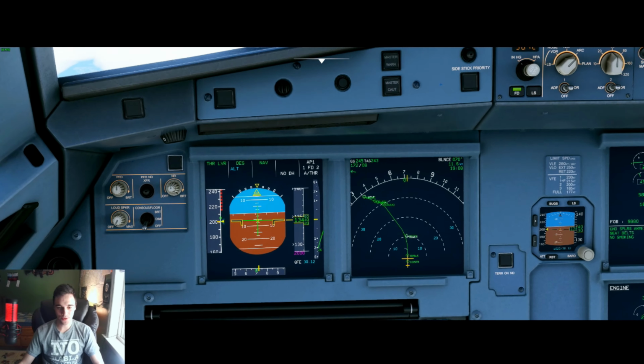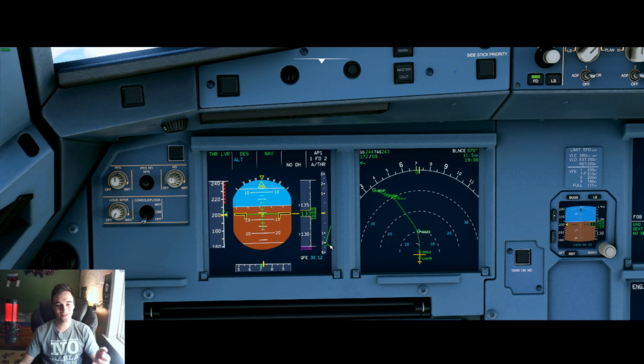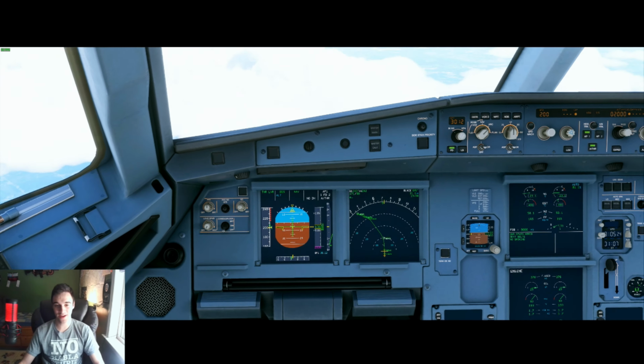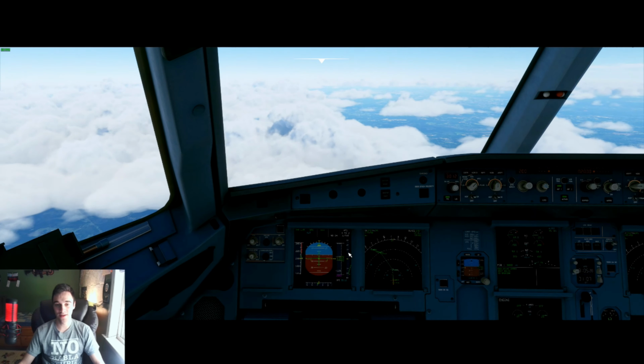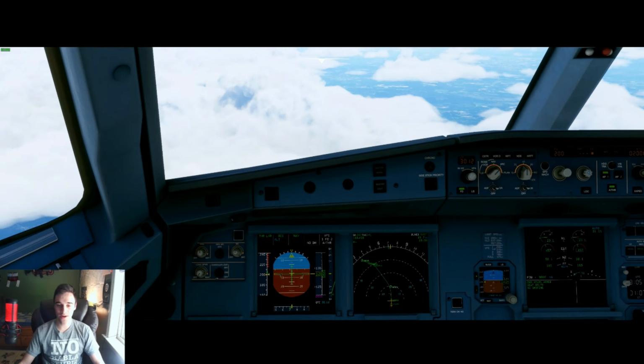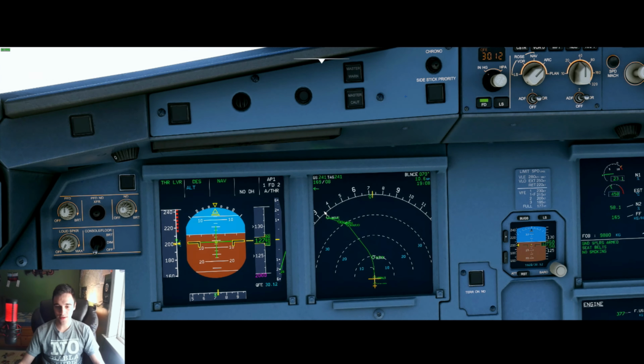And that's exactly where it's going, and we'll see that the vertical speed is actually negative 2,600 feet per minute, which is pretty dang close to that calculation I did earlier, which was 2,300 feet per minute of descent rate.